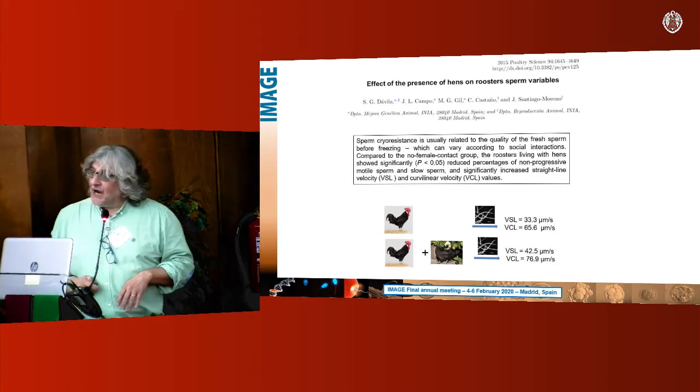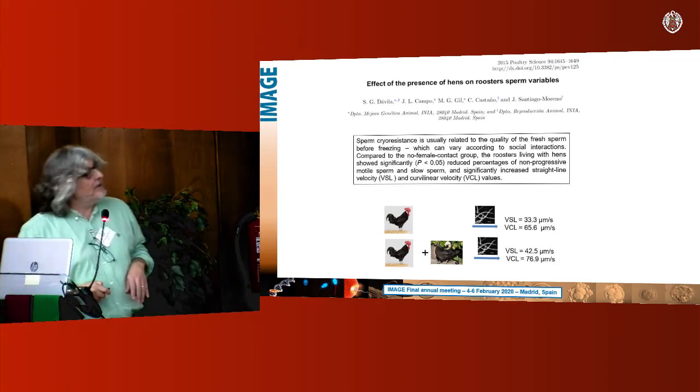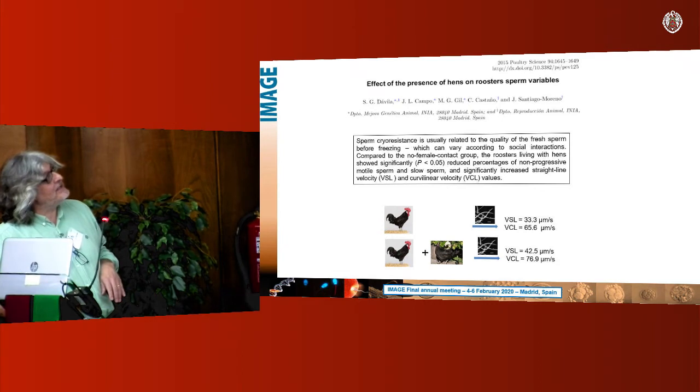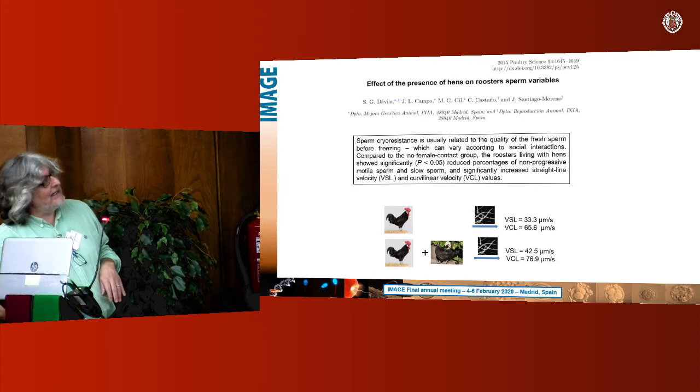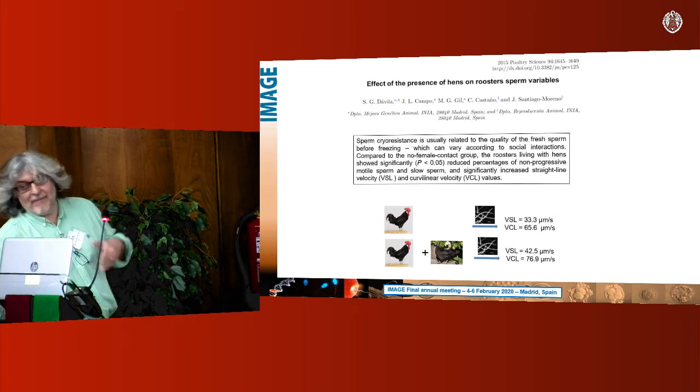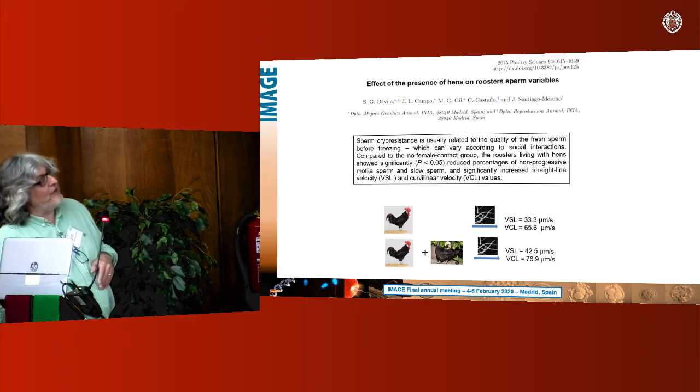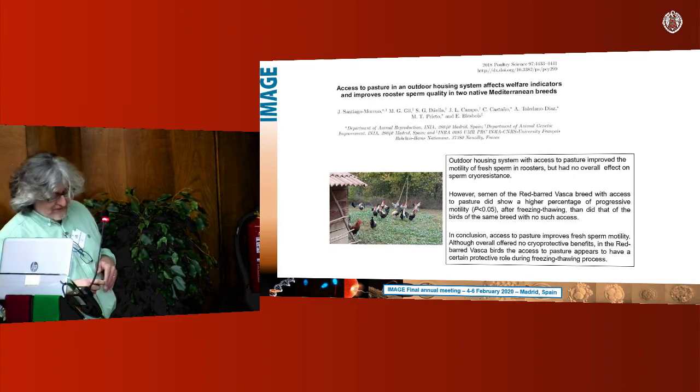The social interaction is very interesting. For example, in males in the presence of females, the motility variables are higher than in roosters isolated from females. For example, straight line velocity is about 40 micrometers per second, and in the same males isolated from hens it decreases to 30 micrometers per second.